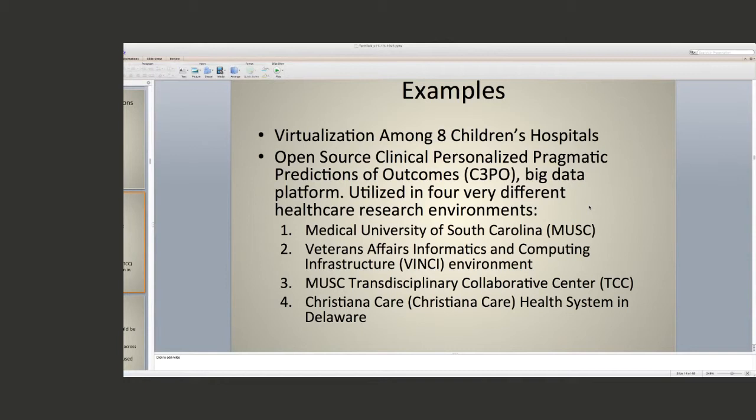One, virtualization among 8 children's hospitals, and another a set of examples on C3PPO, an open source clinical personalized pragmatic predictions of outcomes system, which is a big data platform, and we utilize it for different research projects at the Medical University of South Carolina, Veterans Affairs Informatics and Computing Infrastructure, VINCI environment, and this is kind of where I deal with big data, and MUSC Transdisciplinary Collaborative Center here, and then Christiana Care Health Systems in Delaware. So we'll go over those examples.